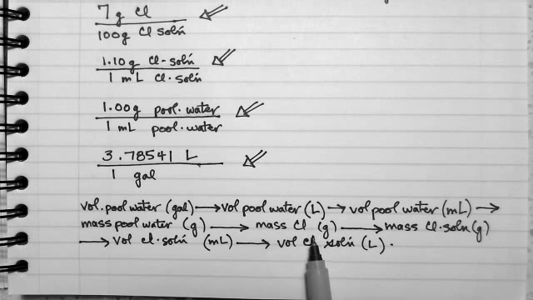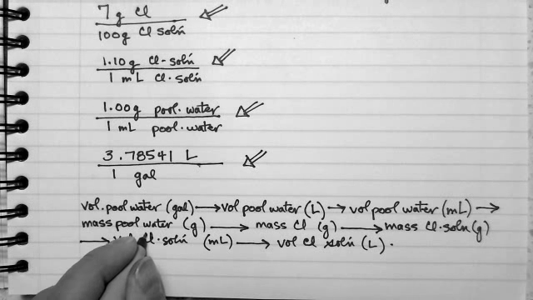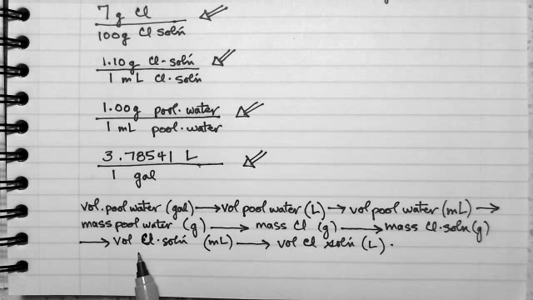And to convert from the mass of chlorine needed to the mass of chlorine solution that would contain that amount, mass percent composition. Mass of chlorine solution to the volume of chlorine solution, we need the density of that chlorine solution. And finally, a conversion from mils to liters. So you can calculate that.